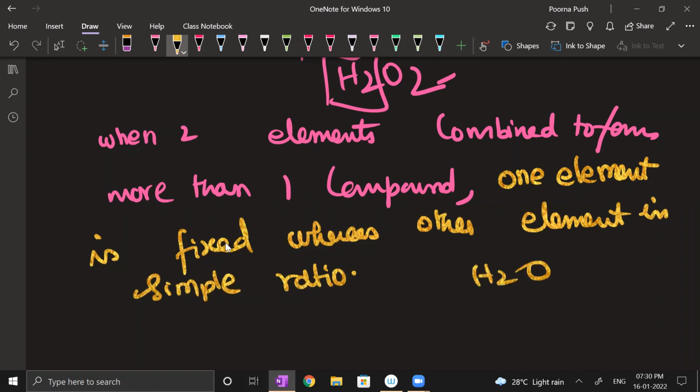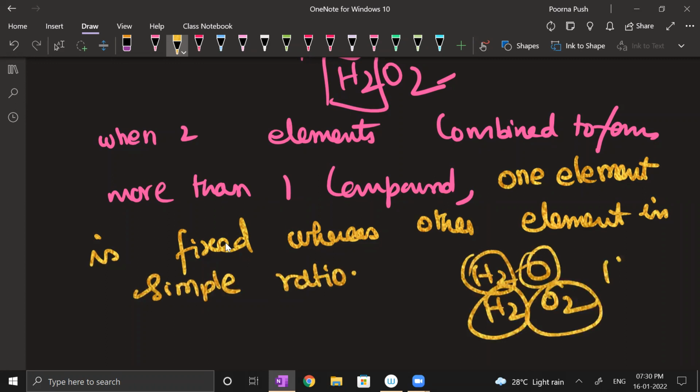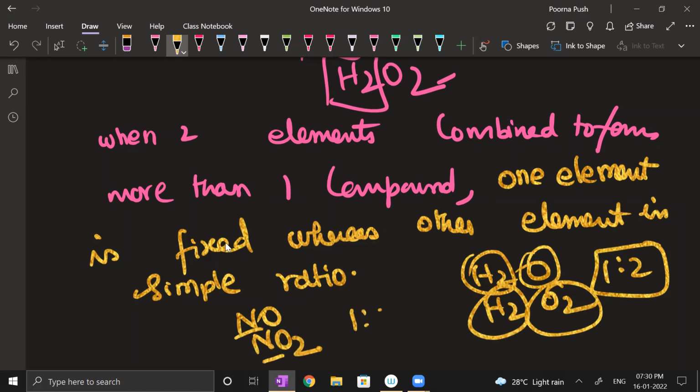So H2O, H2O2 means hydrogen is fixed, whereas only oxygen varies, 1:2. NO, NO2, for example, N is fixed mass, whereas oxygen will be in ratio 1:2.